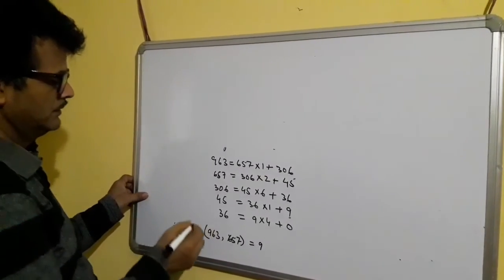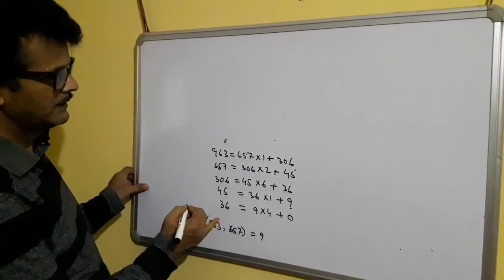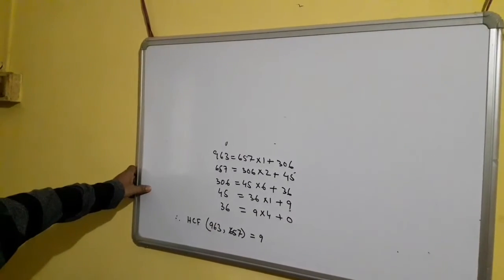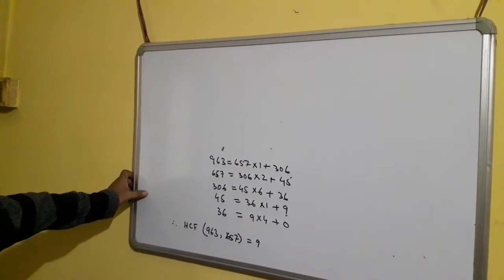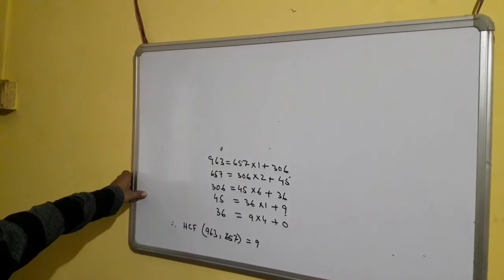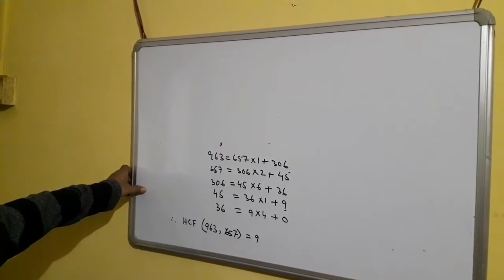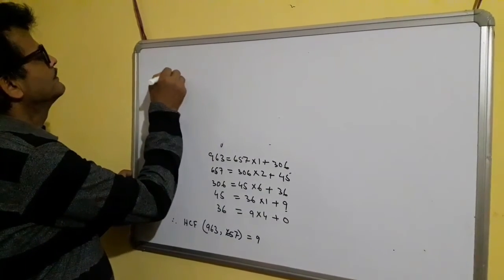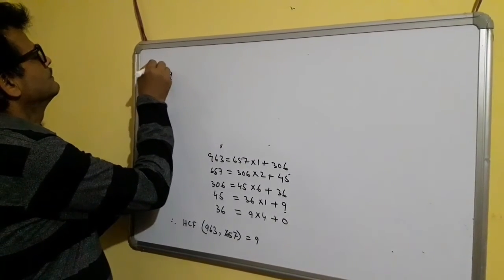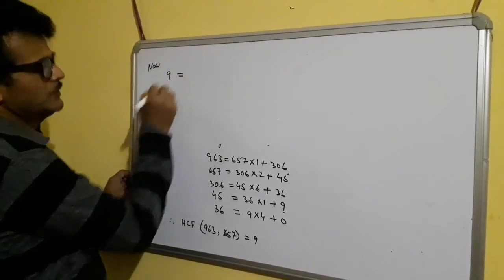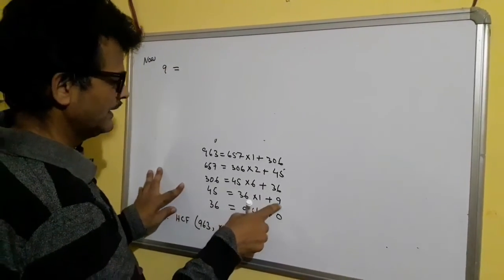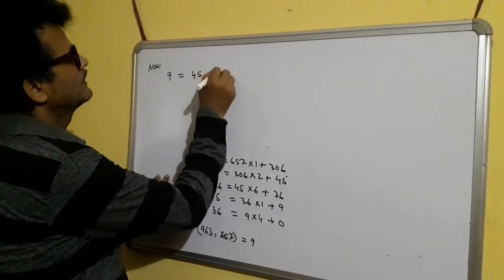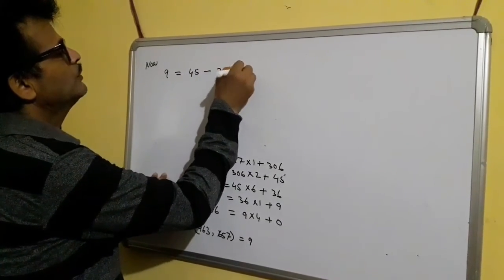Now we are to express it in the form of a linear combination. So what we have from this, HCF is 9. Now 9 is equal, from this step we see, 9 is equal to 45 minus 36 into 1.